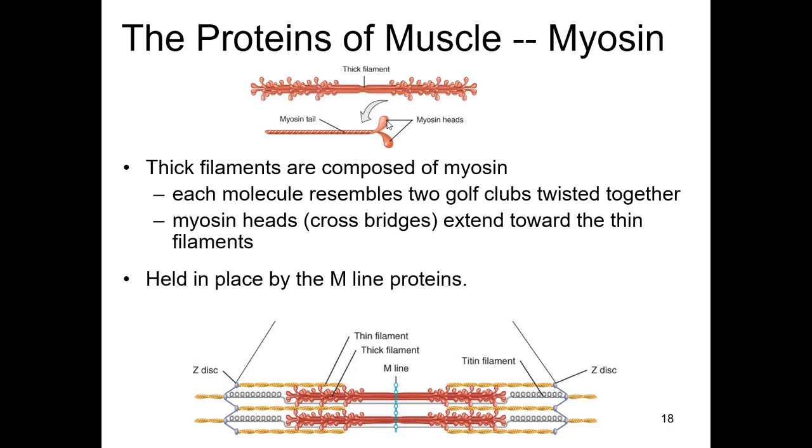These are called the head groups or myosin heads. When you bundle a bunch of those golf clubs together, you get the thick filament. So this is why myosin is a major component of the thick filament. These head groups will be essential in causing the movement, contraction, when they grab onto the thin filament.